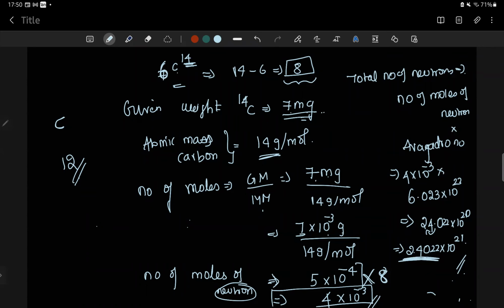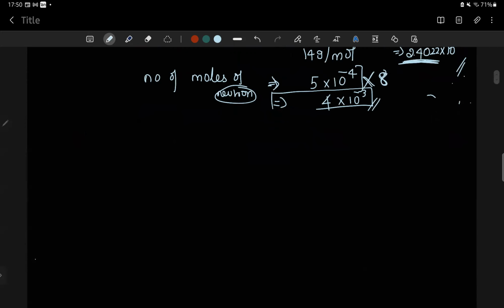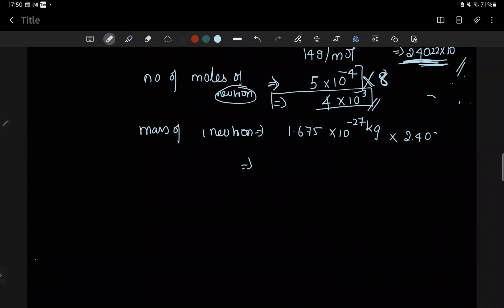Correct? According to the question, the mass of one neutron is 1.675 into 10 to the power minus 27 kilograms. So the total mass of neutrons in 7 milligram of carbon 14 is this multiplied by the value we got here, 2.4022 into 10 to the power 21.